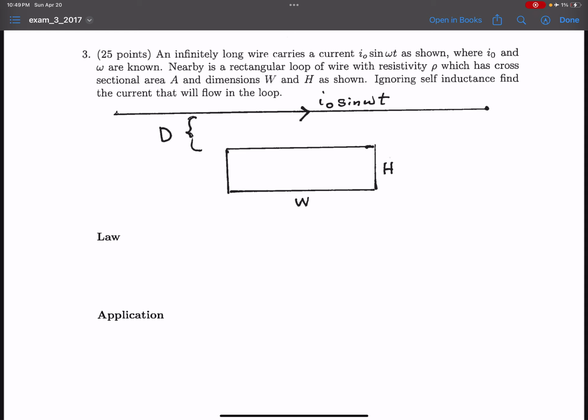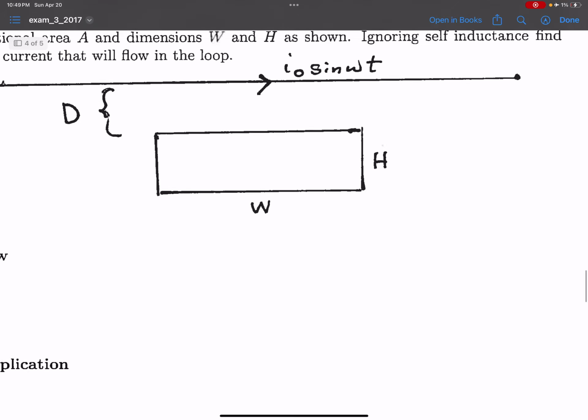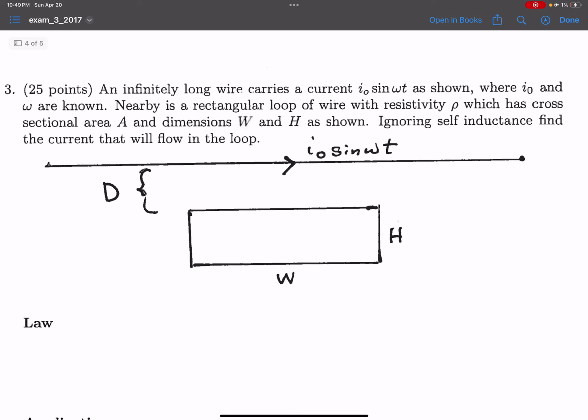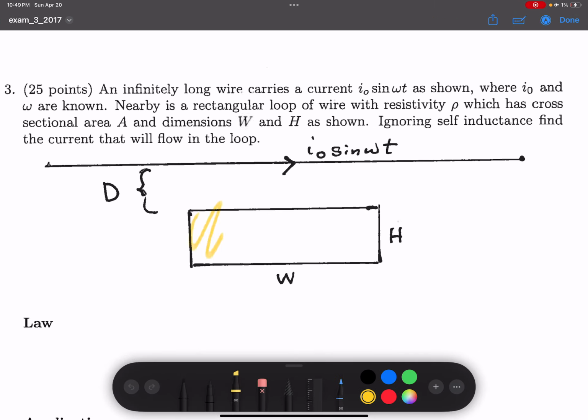Okay, so really the best thing to do with these questions, as I'm sure you guys know, is to use the right-hand rule to find where the magnetic field is going inside the loop, because we're really just concerned with the magnetic field in this region for the most part. So let's get started.